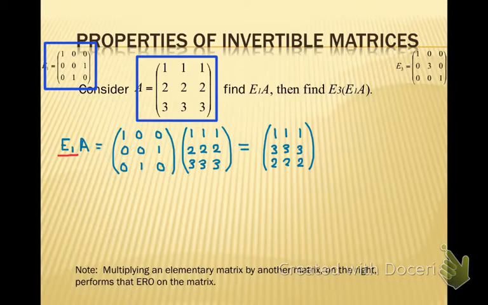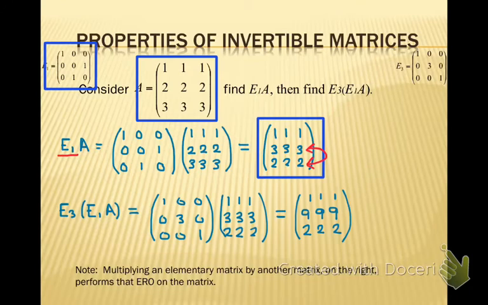You should have obtained the following matrix. Notice that what has happened to A is that row 2 and row 3 have been interchanged. So when we multiply by the elementary matrix E1, in which an interchange had been done on the identity, we end up performing that elementary row operation on the matrix A itself.